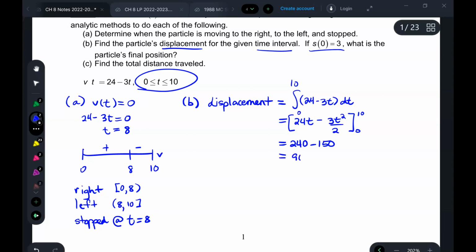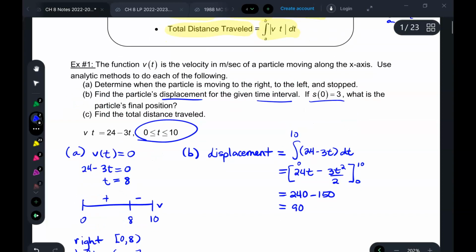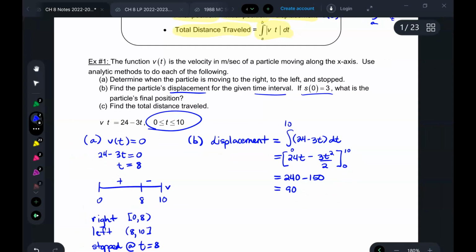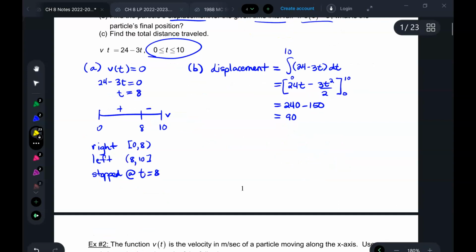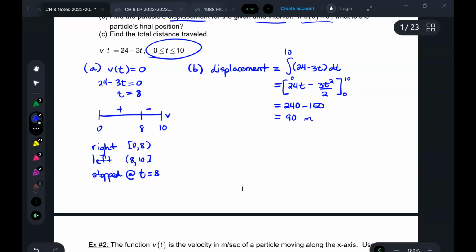I was like, wait, I'm not tricking you again. Okay, all right, good. And just to check, did we have any units? Yes, meters per second. So displacement, if it ends up being 90, that just means 90 meters to the right of where it started. It's not that important to include units with displacement, but it is with your velocity, acceleration, and so on.